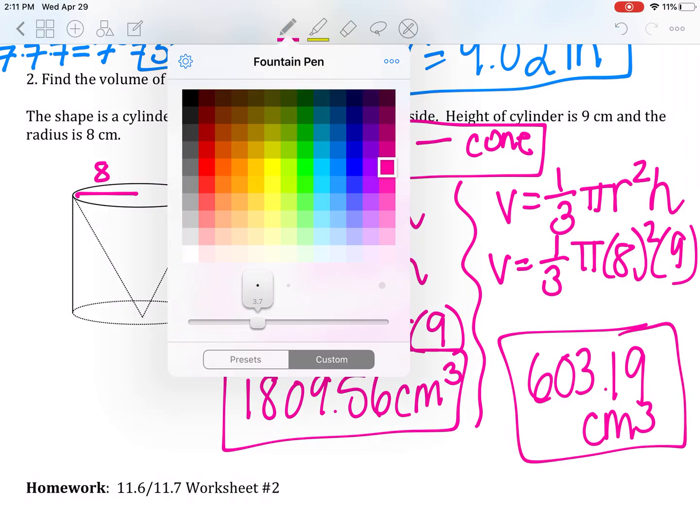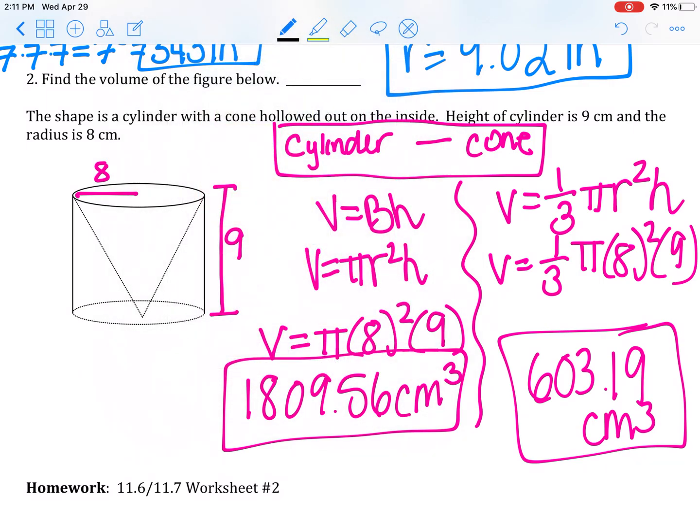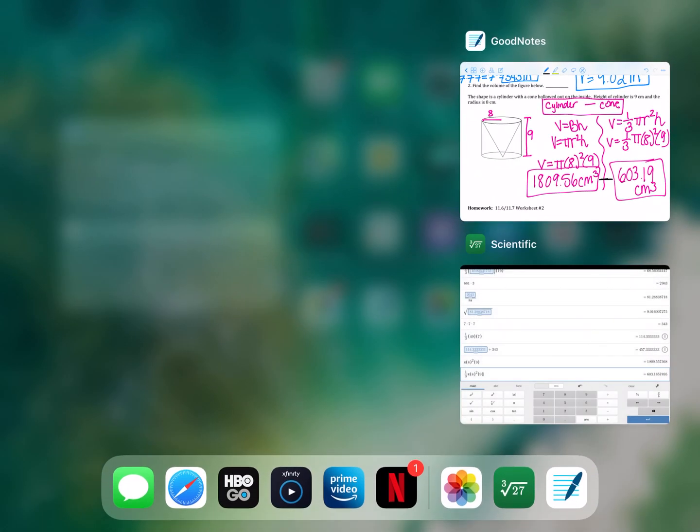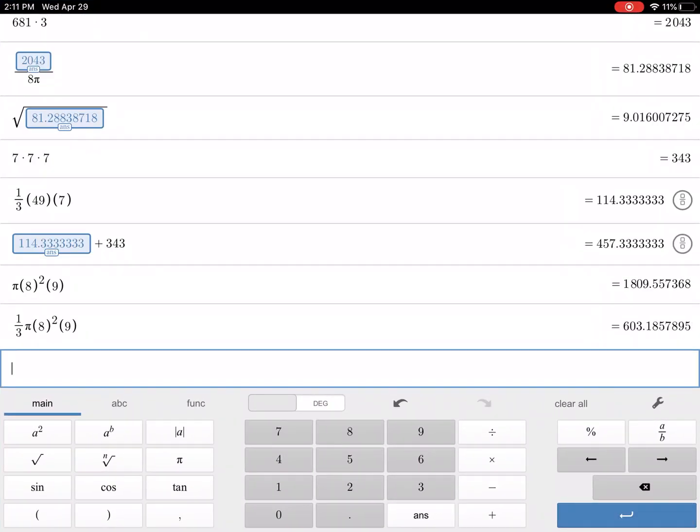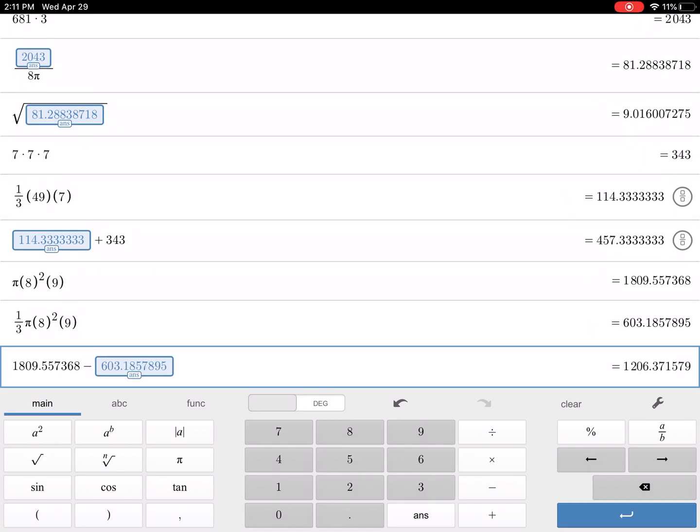Last step was to subtract the two. So I'm going to take my 1,809. I'm going to copy down all those decimals just to keep it more accurate and subtract the answer of 603.18.